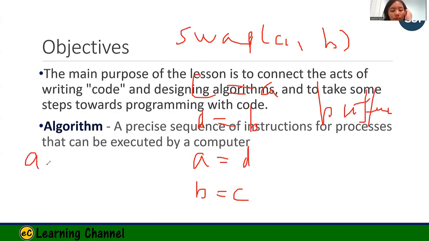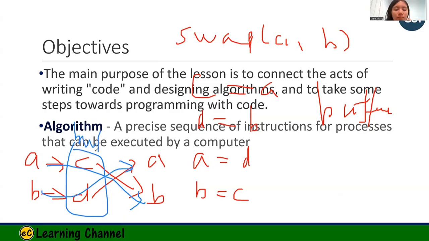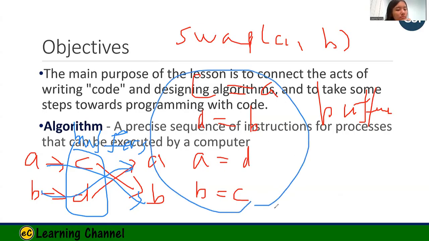Buffer swap means A assigned to C, C assigned to B, and then B assigned to D, D assigned to A. So eventually B's value is assigned to A, A's value is assigned to B, but in the middle we use C and D as buffers.